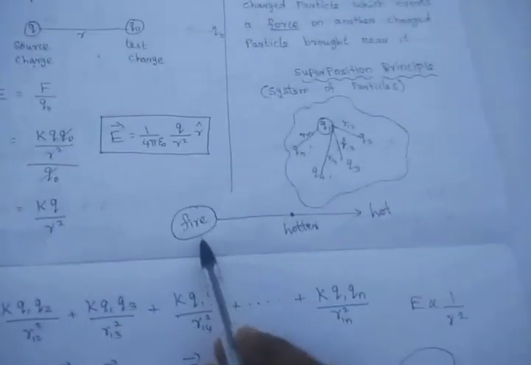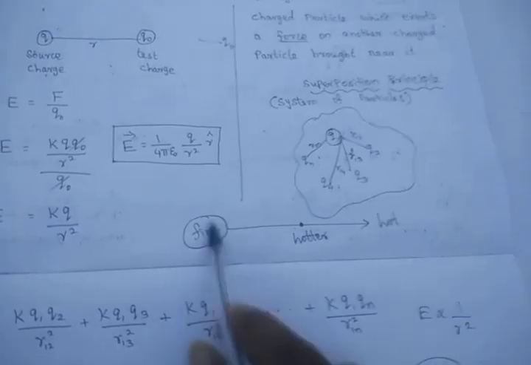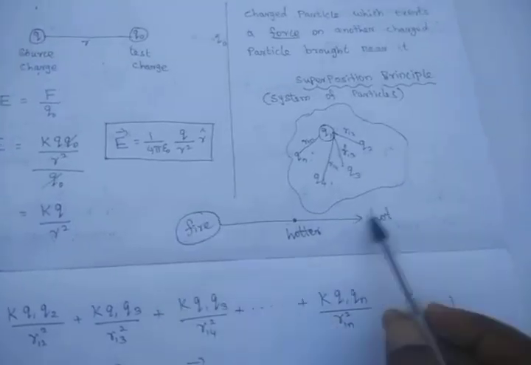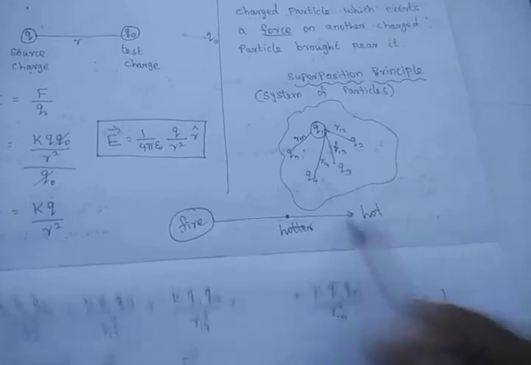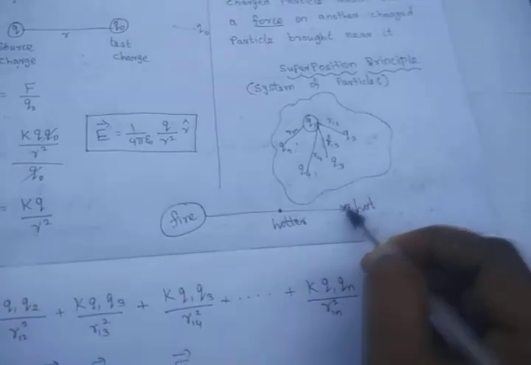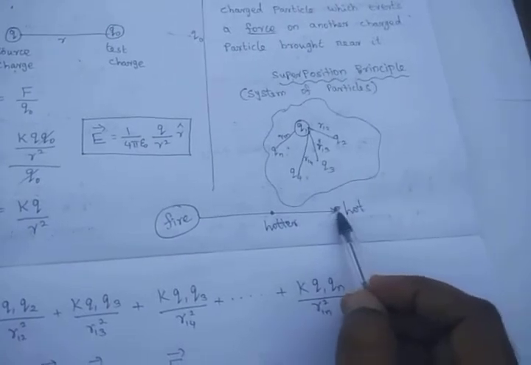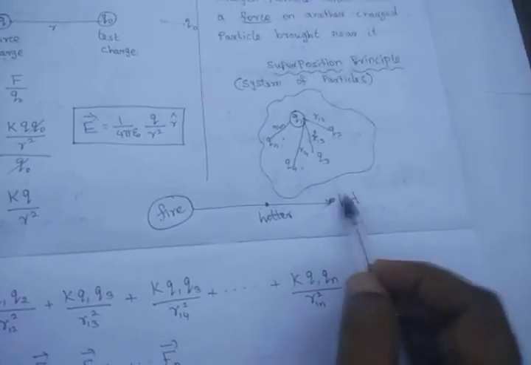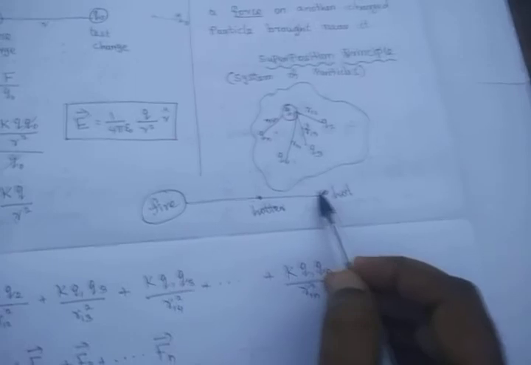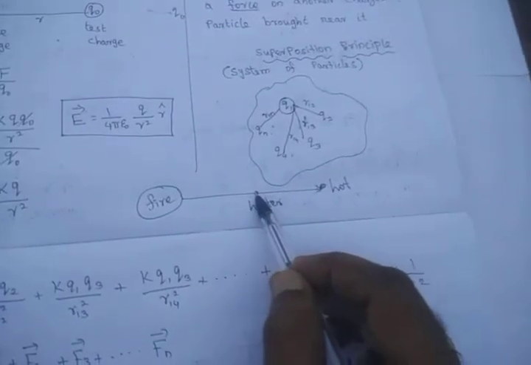Dear students, in order to understand the electric field more accurately, I will always explain by comparing with fire. Let us assume that you are standing at this point. If a fire is burning here, the hotness experienced by you at this point is some value. If you move towards this fire, what will you experience?